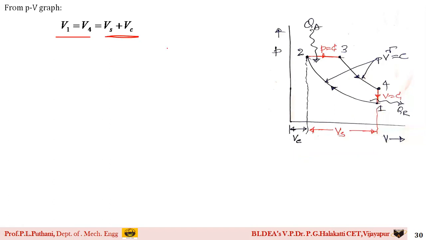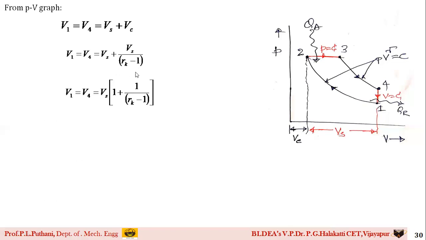Just now we have defined the equation for the clearance volume: Vc is equal to Vs by Rk minus 1. Now if I take Vs common, I am remaining with 1 plus 1 by Rk minus 1. On simplification, I get Rk by Rk minus 1 into Vs. So you can see I have written the equation of V1 and V4 in terms of swept volume.